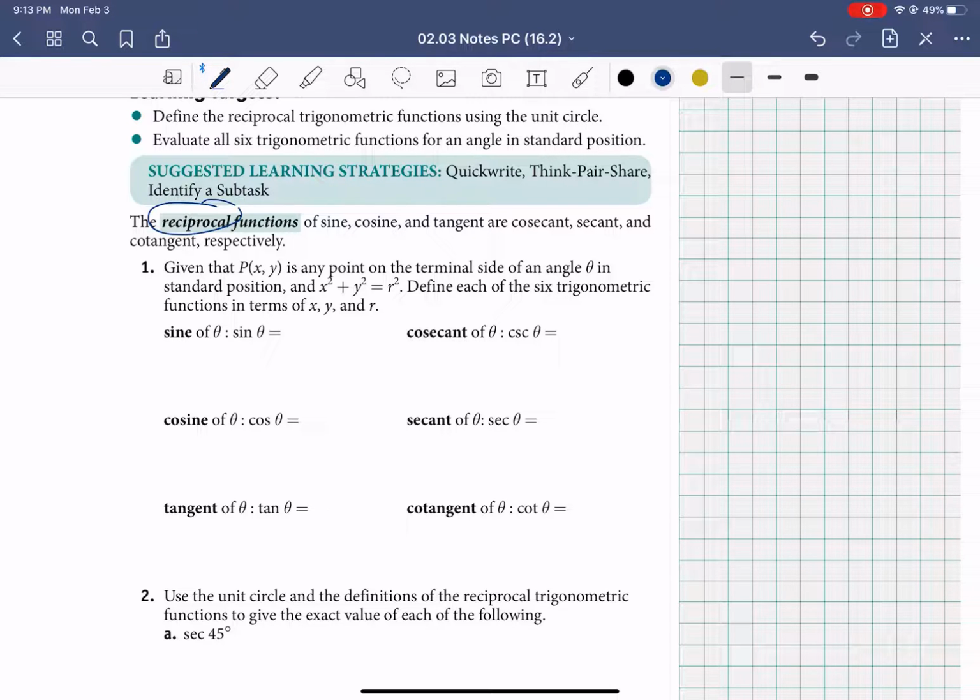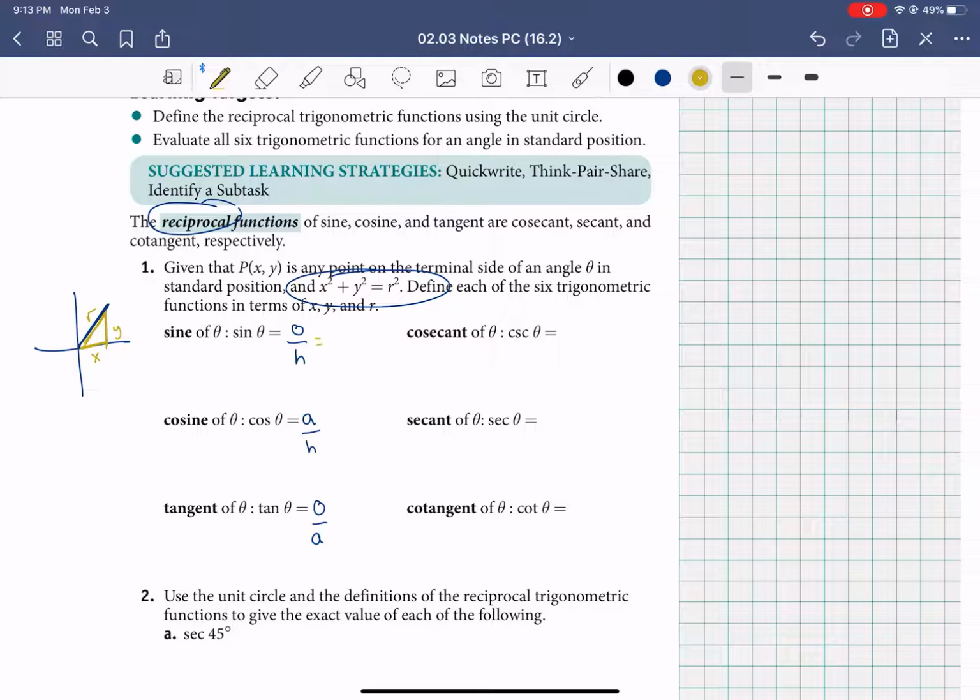So if we remember, we have the sine theta, and if we remember SOHCAHTOA, that means sine is opposite over hypotenuse, cosine is adjacent over hypotenuse, tangent is opposite over adjacent. Here they want us to put it in terms of x and y. So this is going back to what if we have an angle in standard form, we draw that reference triangle, and we have x, y, and r.